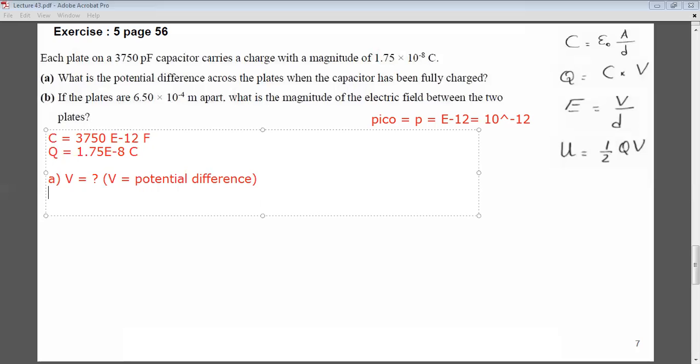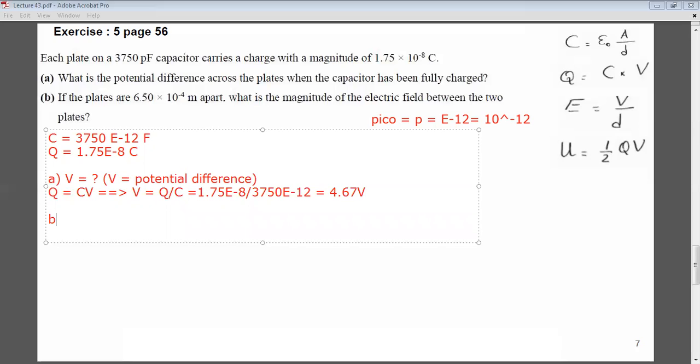So I will use Q equals CV, which gives me V is equal to Q over C. This is equal to 1.75 e to the minus 8 divided by 3750 e to the minus 12, and I get 4.67 volts.